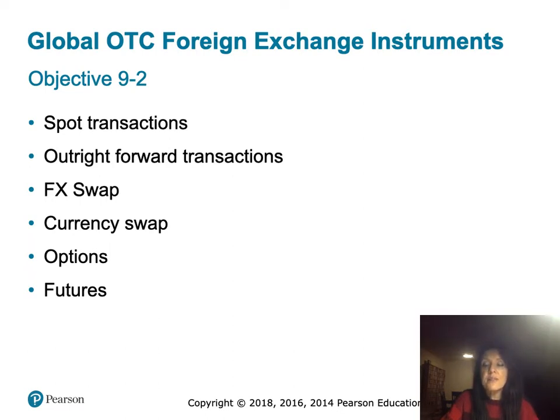Now let's look at the currency swap deal. Most currency swaps deal with interest-bearing financial instruments, such as bonds, right? Bonds are interest-paying financial instruments.